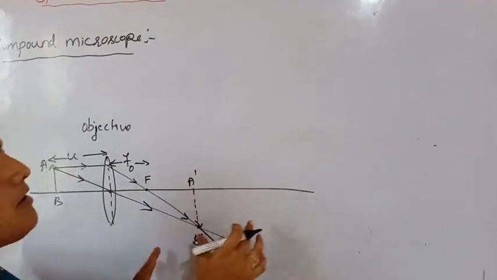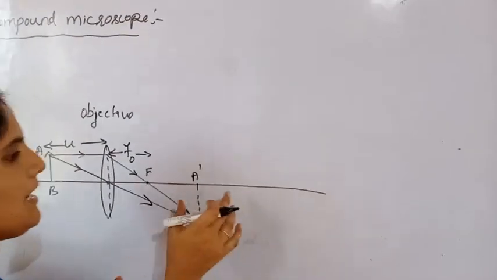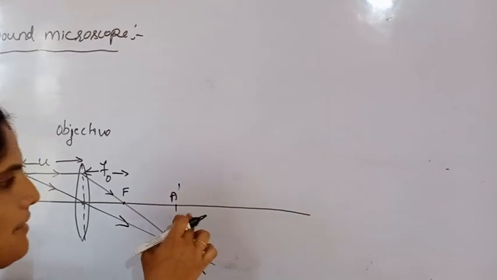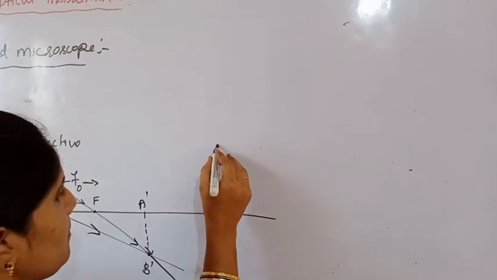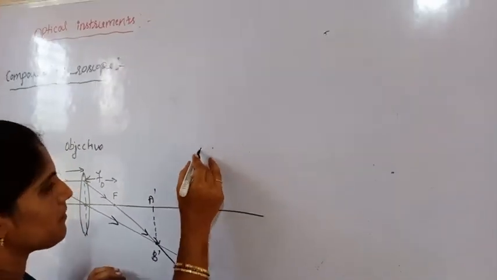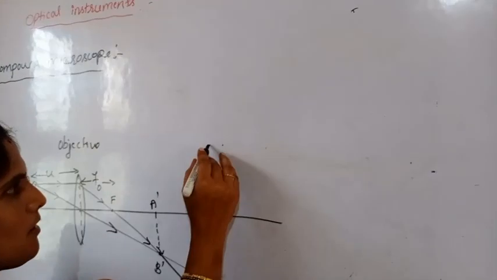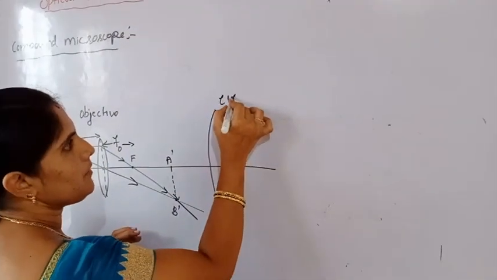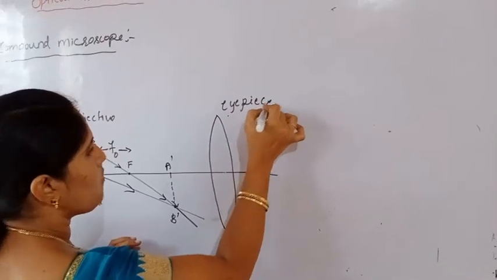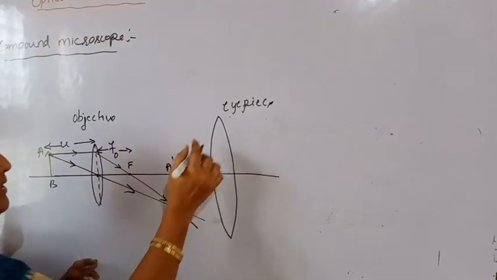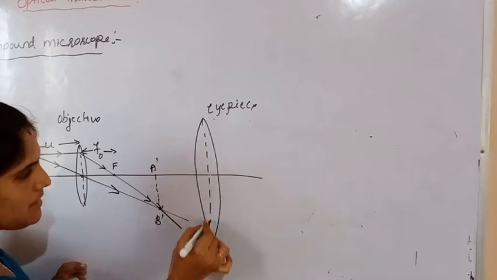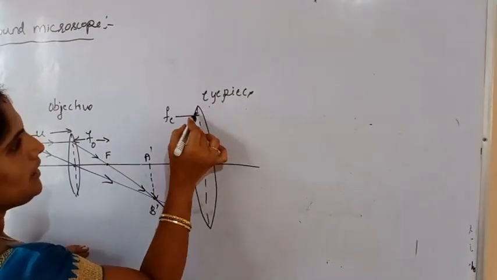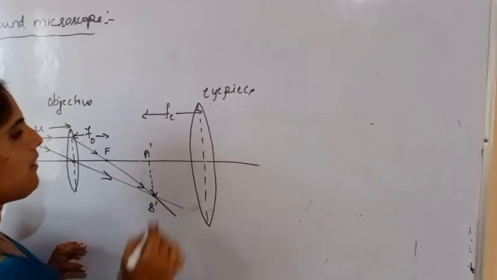We have to draw the eyepiece, the convex lens, at a distance of the focal length of the eyepiece from this image. So this is the focal length of the eyepiece, that is FE.